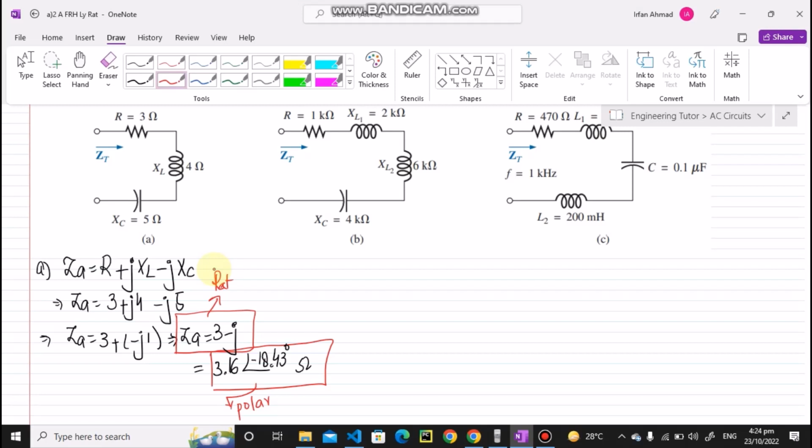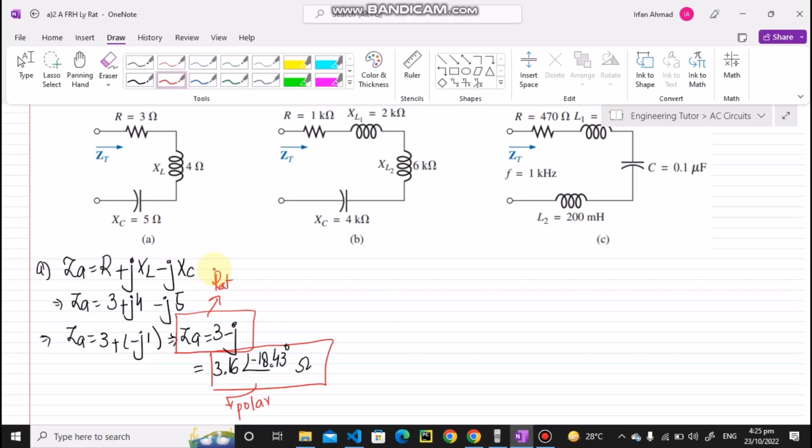Why? Because the negative sign with this imaginary term illustrates which type of circuit we have, and the nature of this circuit will be capacitive, because there is a negative sign with this J.